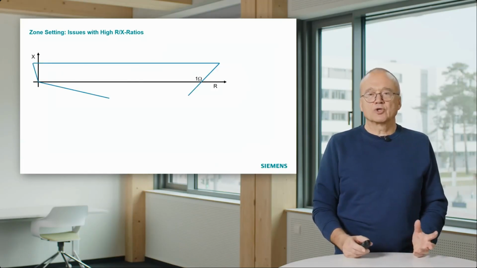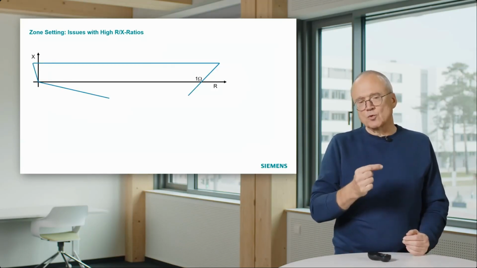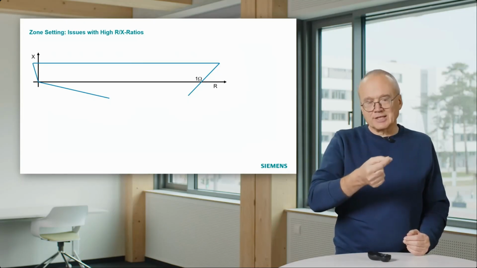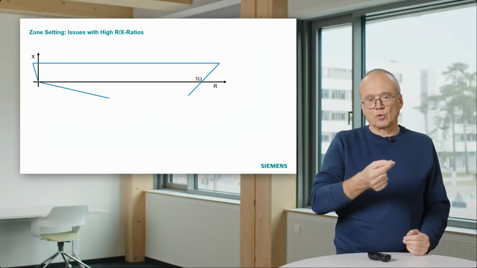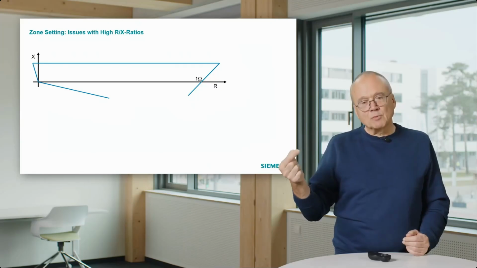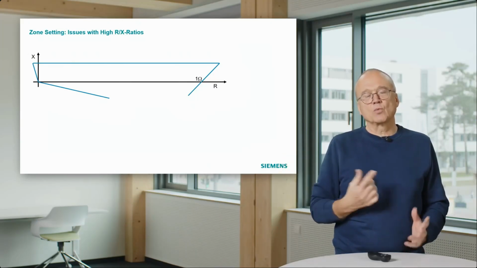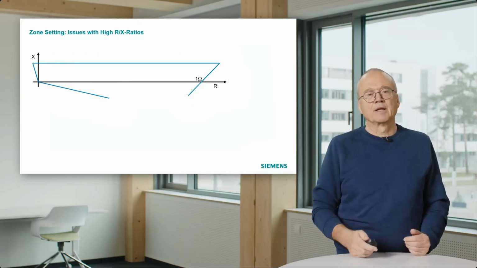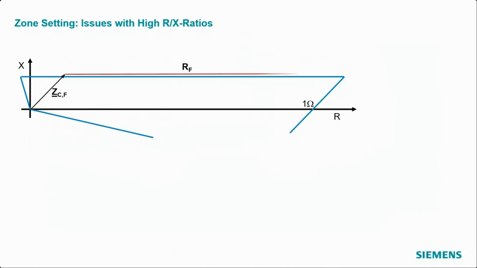We have here our zone, and if we now assume we have a fault just outside the zone with the maximum fault resistance we expect there, the measurement would look like this. That means we measure the impedance to the fault without fault resistance plus the fault resistance.